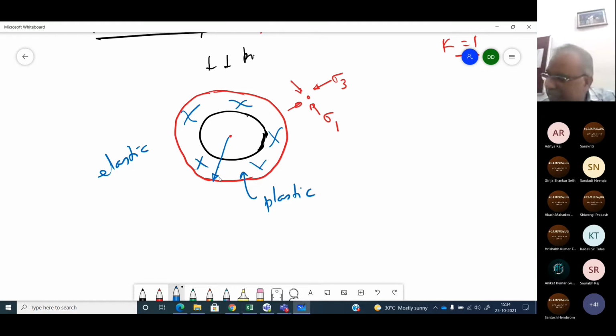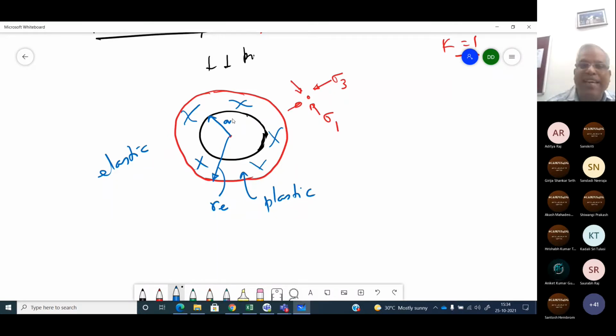That means the failure has come up to this, and this we define as R E. So this R E is nothing but the elastic plastic boundary. This red is nothing but the elastic plastic boundary. Okay, and this radius is A, as it is before.